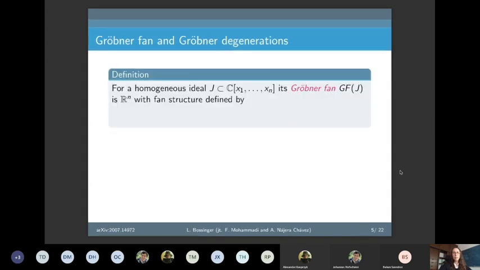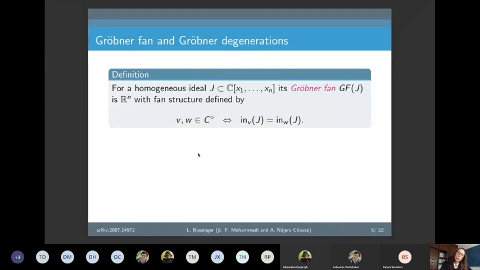So if I start now with a homogeneous ideal, for simplicity, in a polynomial ring, then its Gröbner fan is going to be R^n, so n is still the number of variables, and the fan structure will be defined as follows. I say two elements v and w lie in the relative interior of the same cone if the initial ideals with respect to v and w are the same.